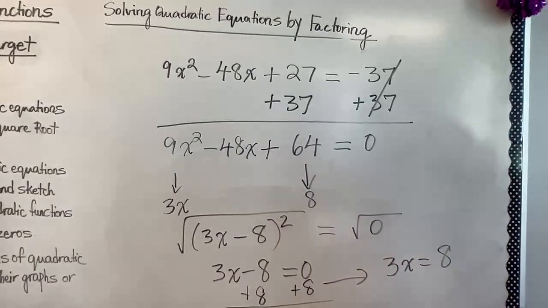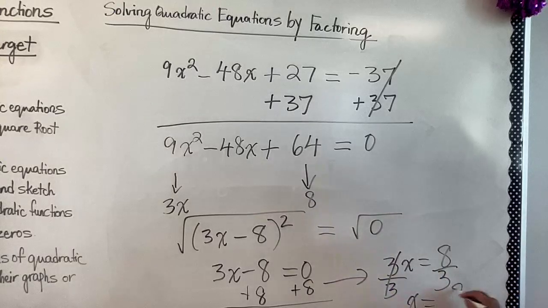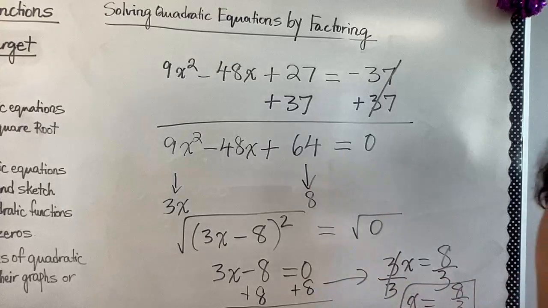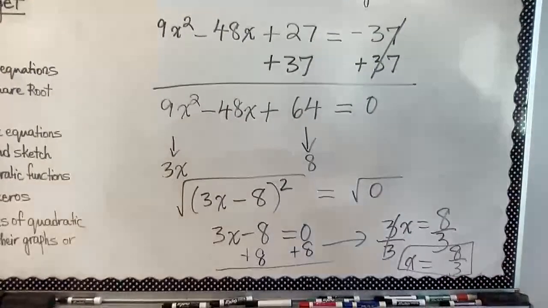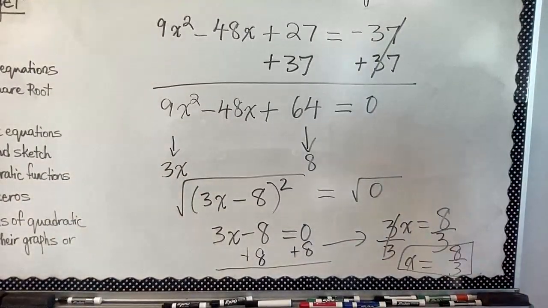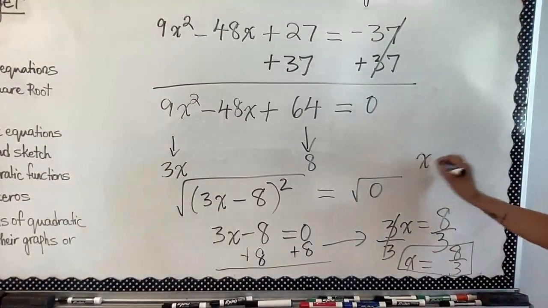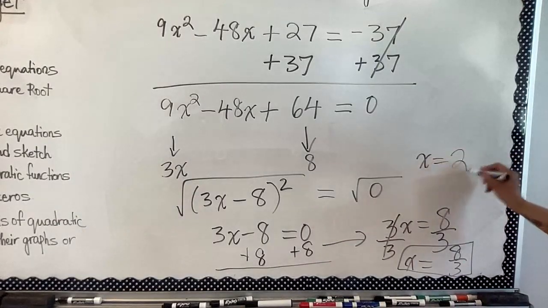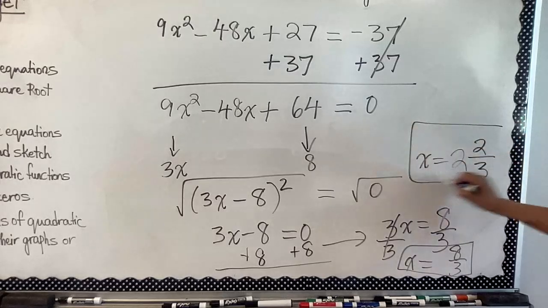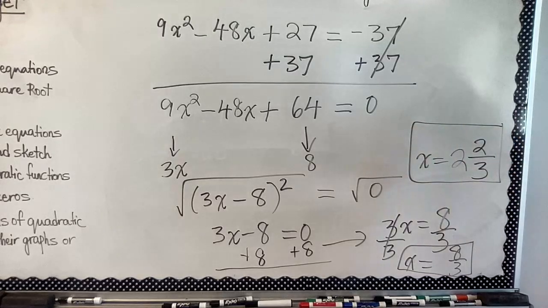And then I'm going to do the division property of equality, and I end up with x is equal to 8/3, and that is my solution. Okay? And I can also write it as a mixed number, which is 2 and 2/3.